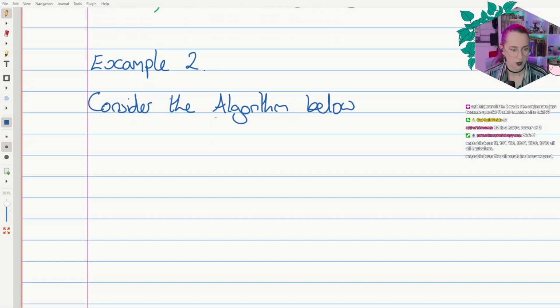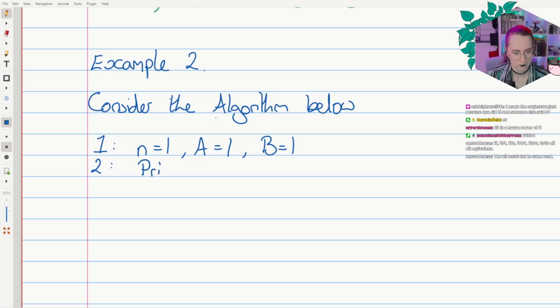So more often than not, so we have like the step that we're in, n equals 1, a equals 1, and b equals 1. Step 2, print a and b.